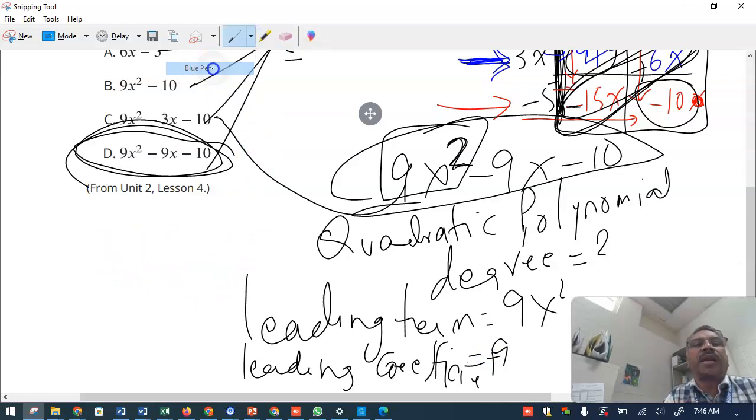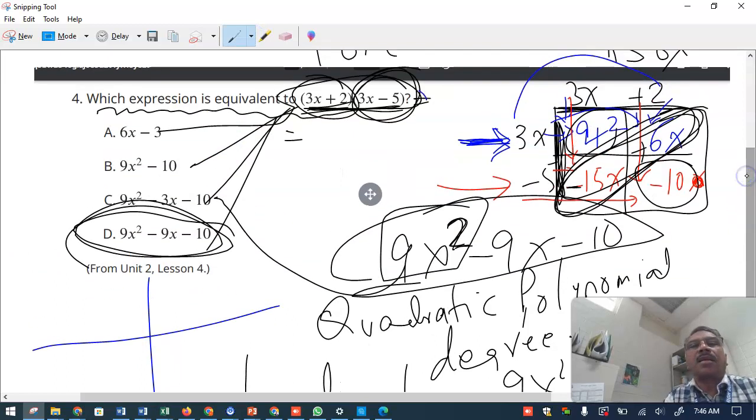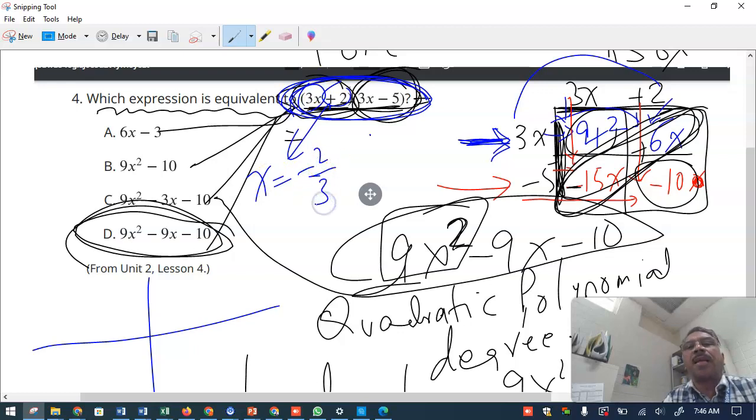So if you want to sketch this graph, and they gave us this one, you ask where does the graph cross? You can just put x equals the opposite of plus 2, which is minus 2, divided by 3, and that's one. The other one, you see the opposite of minus 5 is 5, divided by 2.